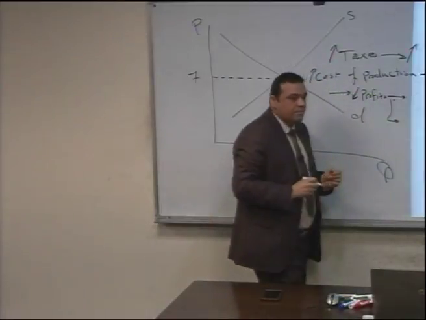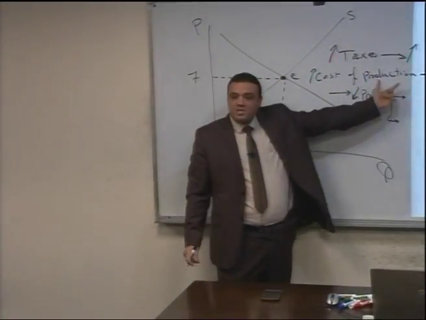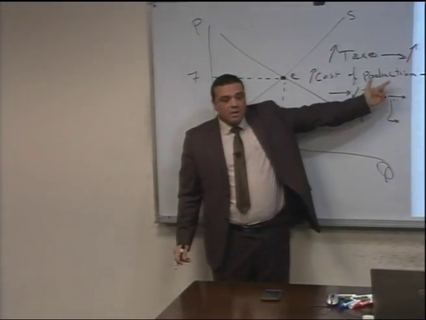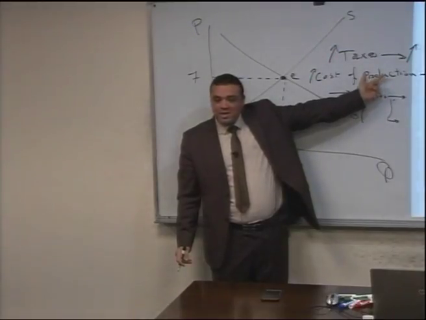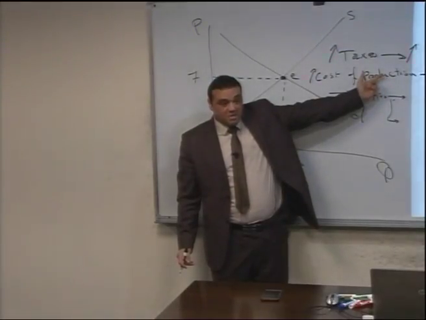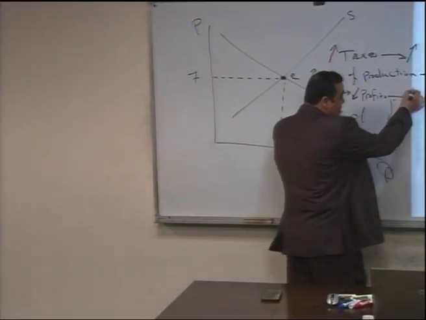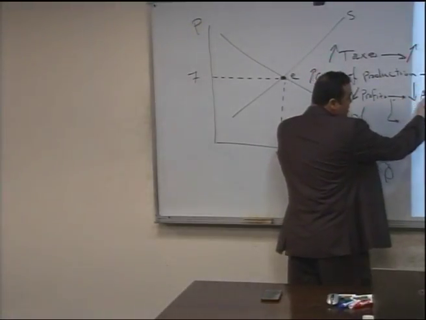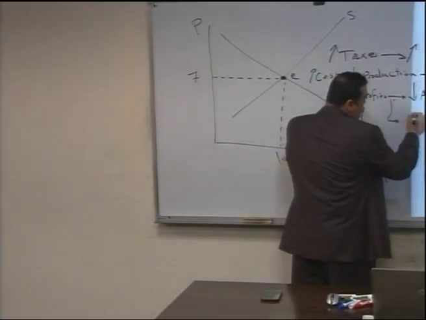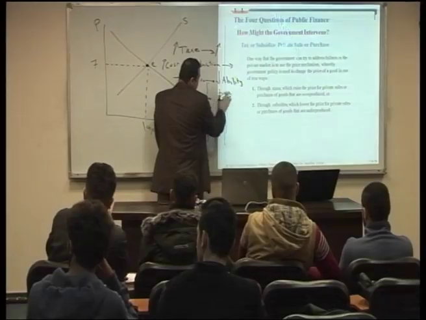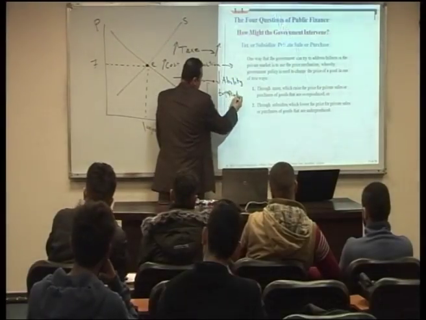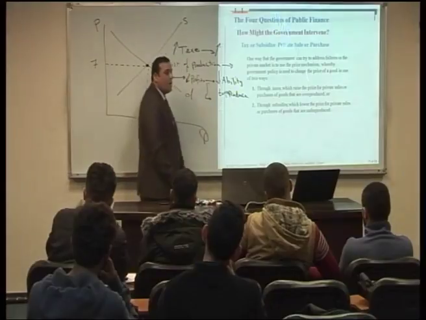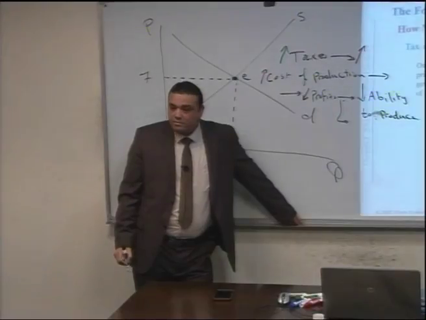At the same time, as the cost of production increases, the ability to produce will decrease. So here we have a decrease in the ability to produce cigarettes, right?